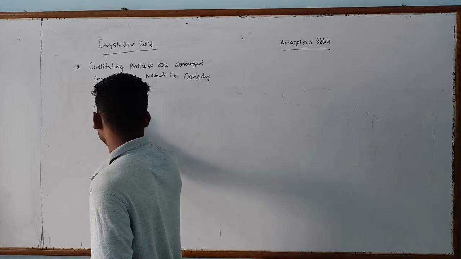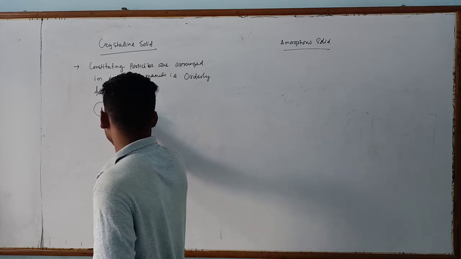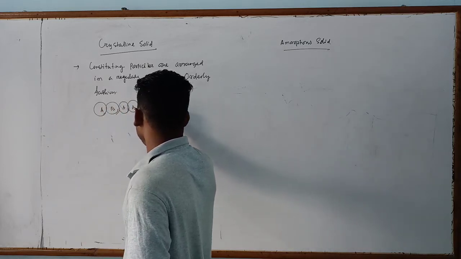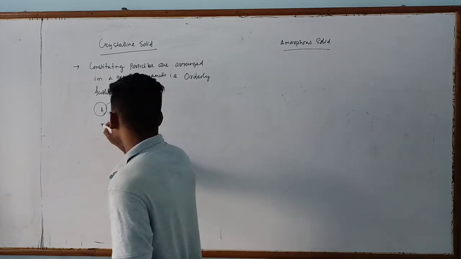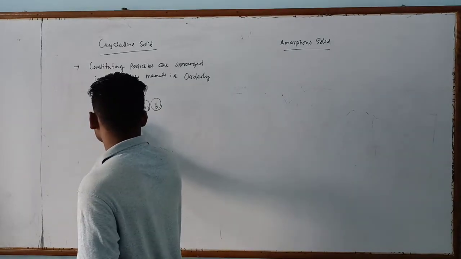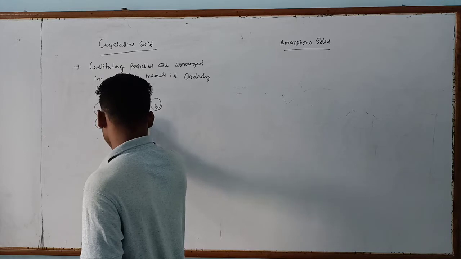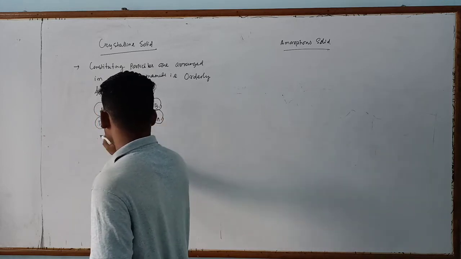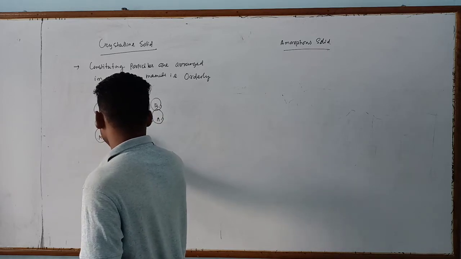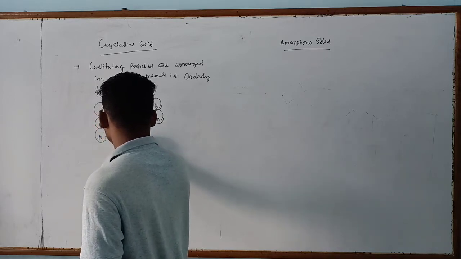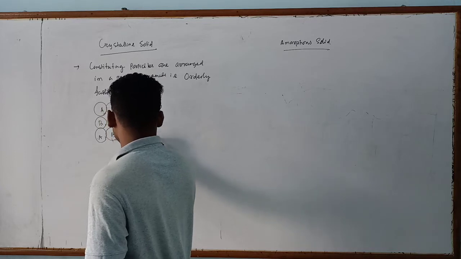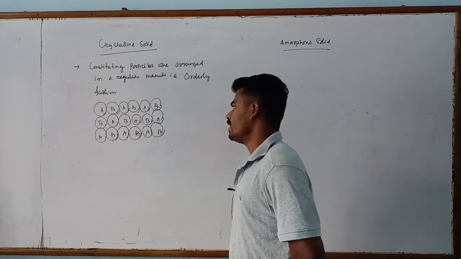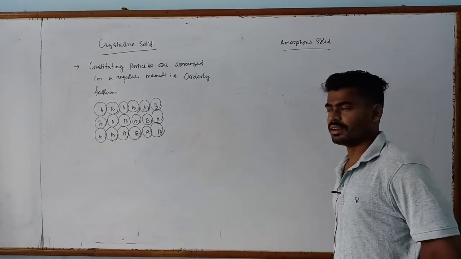That means A, thereafter B, A, B, A, B, likewise. And here I can say B, A, B, A, B, A, B, A, B. So this is an orderly arrangement, a very regular fashion.